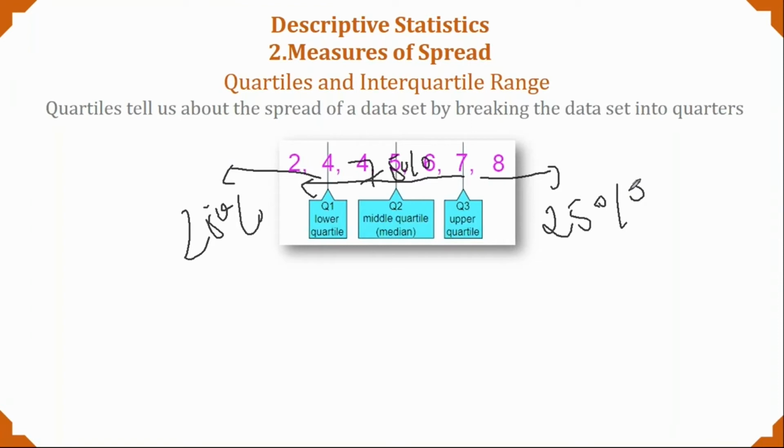Just don't think about percentiles: 25% of the data is after the third quartile, and 75% of the data is before the third quartile.